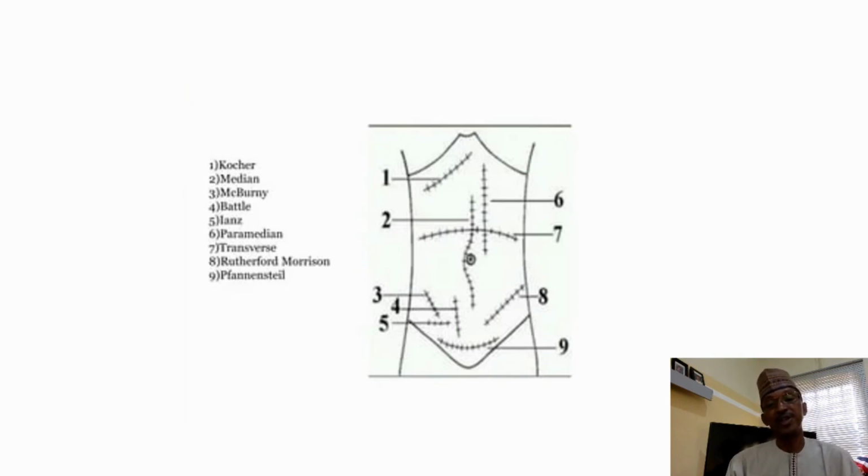For example, if it is the liver or the gallbladder that is being affected, and it is confirmed that it is either of the two, this kind of incision is advisable, because this is just the area where the gallbladder is located, as well as the right lobe of the liver. So if the right lobe of the liver and the gallbladder are affected, this first incision is the most appropriate, and that is what we call the subcostal incision or Kocher's incision.